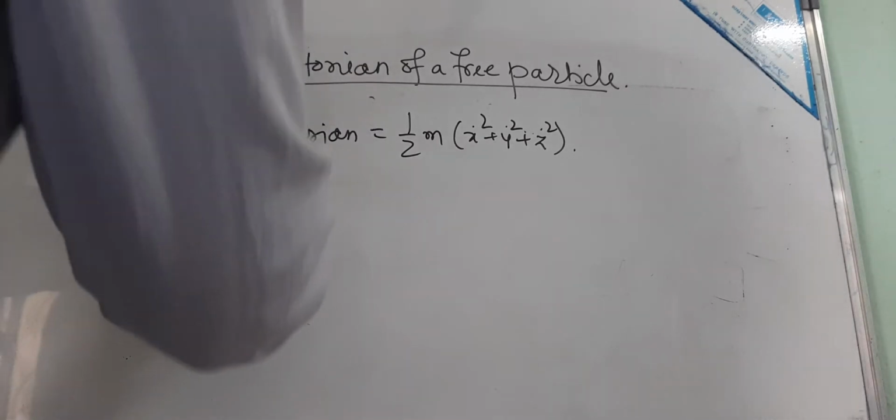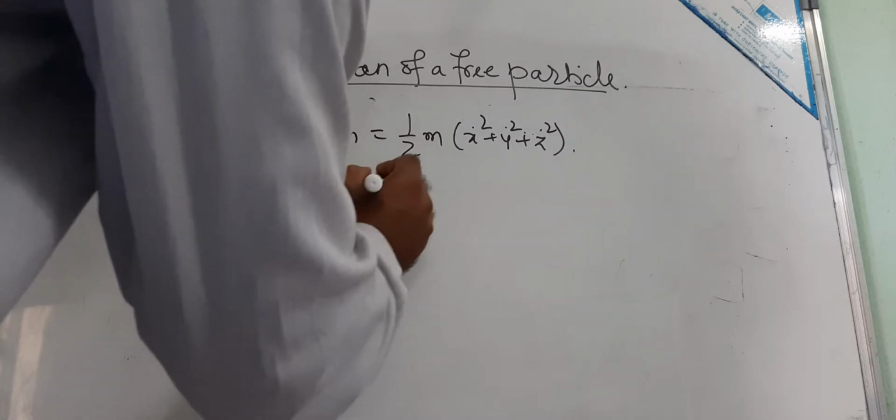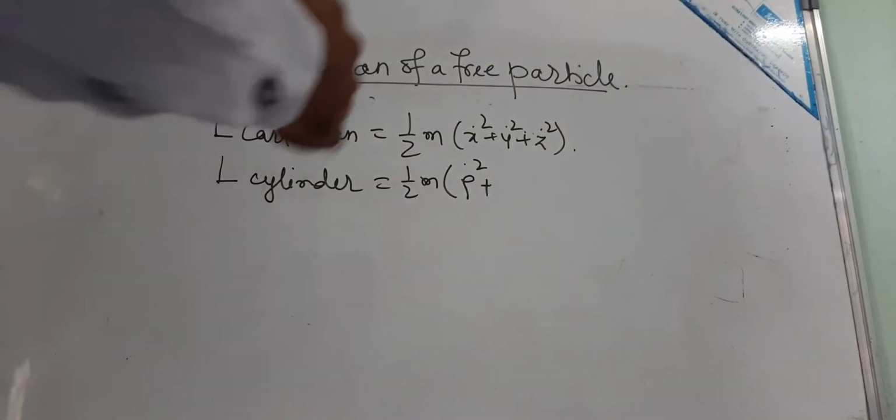The Lagrangian in the cylindrical coordinate system, with rho, theta and z, is half m (rho dot square plus rho square theta dot square plus z dot square).